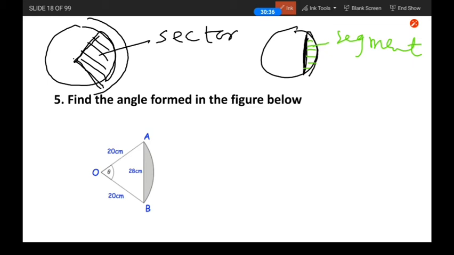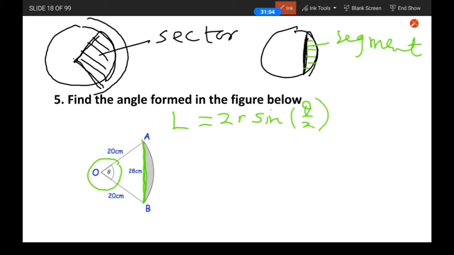So this is a chord. Look at this question. To calculate the angle here, they didn't give us the angle, the length of the arc. They didn't give us the area of a sector or segment, but we have a chord here, and the length of a chord is 2r sine theta over 2. Like I said, always interpret the question ahead of time. Is that okay? Very good.